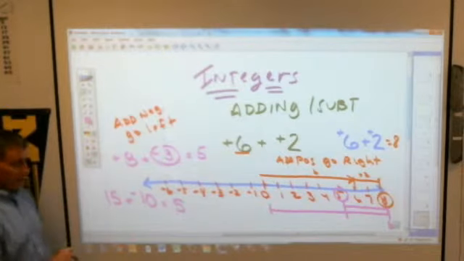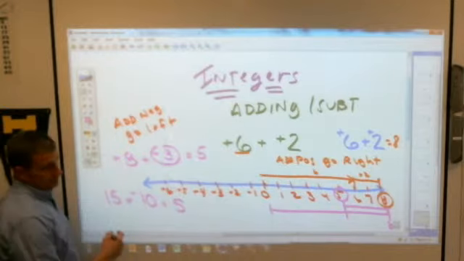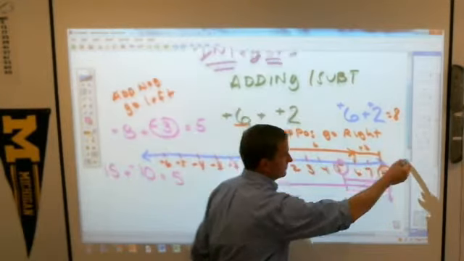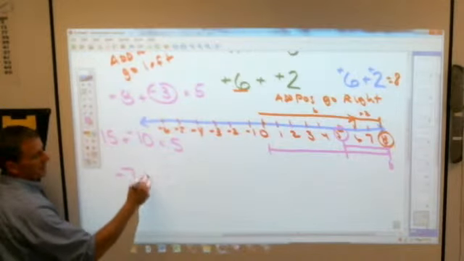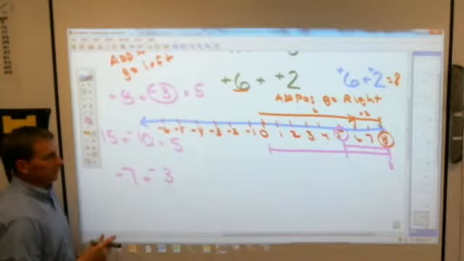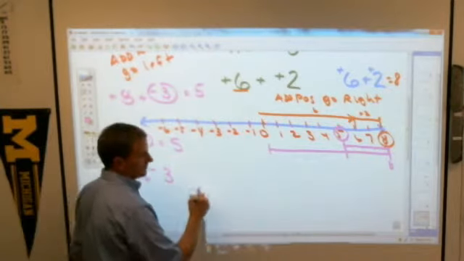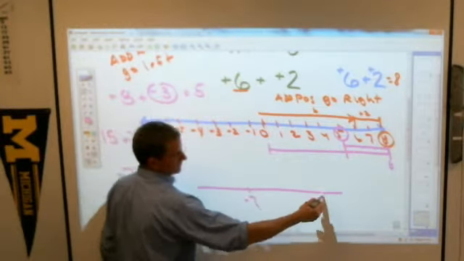Now, how about this though? What if I start off with negative numbers? What if I have a negative 7 plus a negative 3? Well, if we did it on the number line, it would look like this. I am starting here with a negative 7.